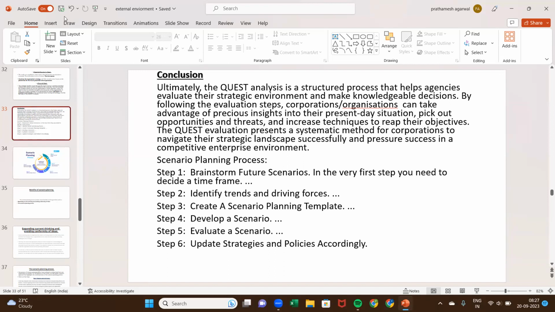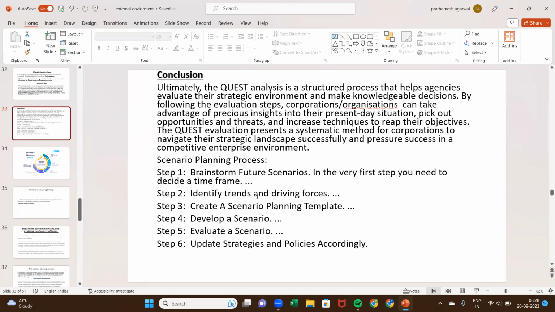So, how do we do the planning process? First, brainstorm future scenarios. Future is always uncertain, right? But still, we try to imagine what can happen in future. In this step, you need to decide a time frame because we are talking about the future.